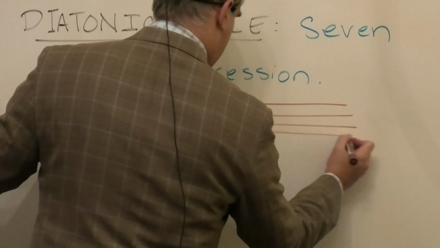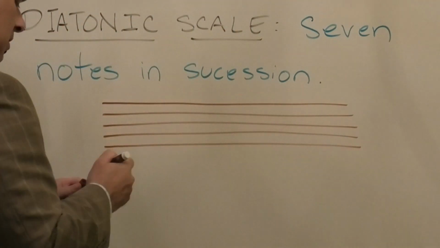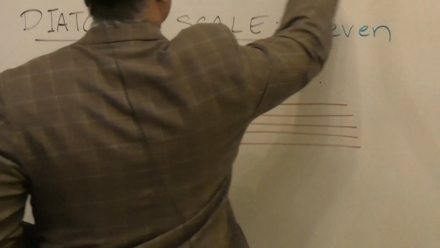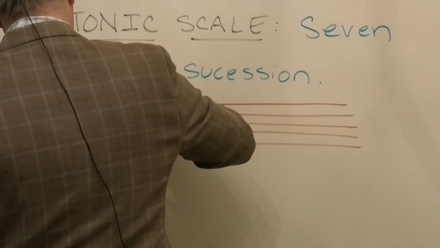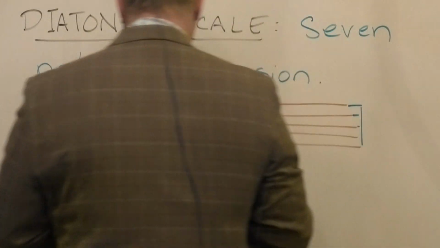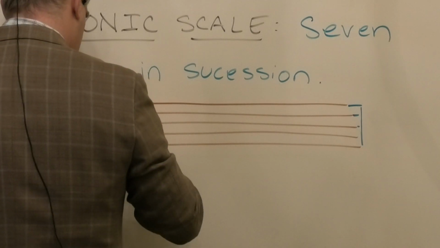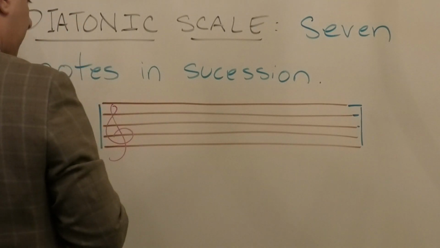Okay. 5 lines make a staff. We'll put a bar line on the left side of the staff and a bar line on the right part of the staff. We'll put a treble clef that tells us where G is. We'll circle around the G, the second line from the bottom.